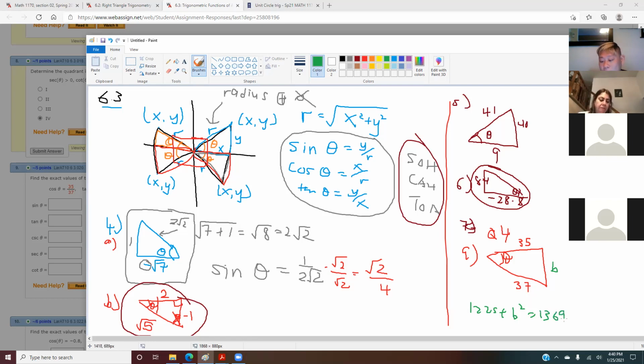This is again if you don't know your triplets. So you subtract from 1,225 and you get 144, the square root of which is 12. So b in this case is actually 12.